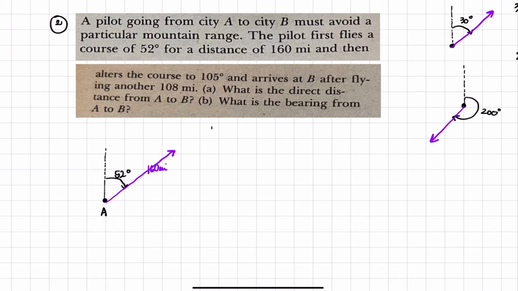And then from here, anong ginawa ng pilot? Nag-change siya ng course to 105 degrees. Okay, so drawing naman tayo na 105 degrees from the North Pole clockwise. So 105 degrees, parang ganyan yun, no? Lampas ng 90 degrees.